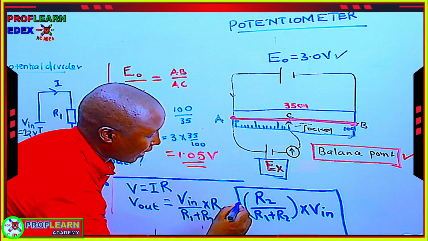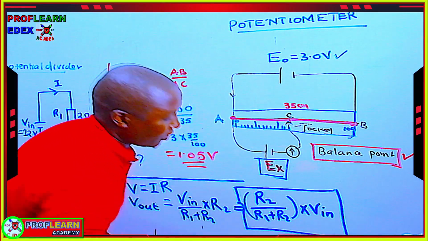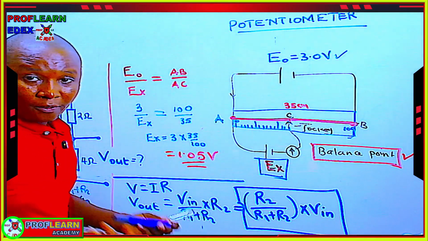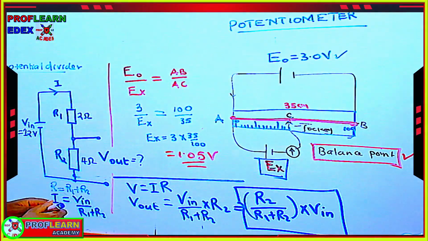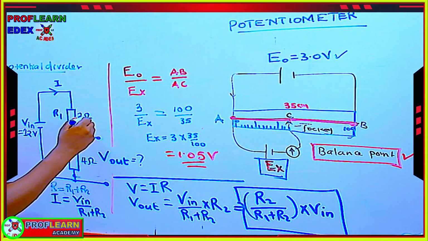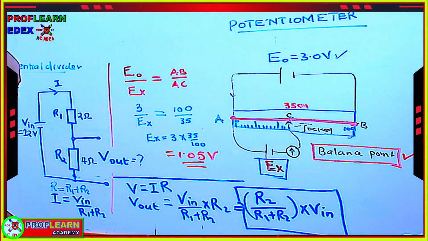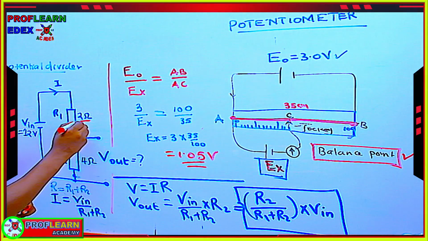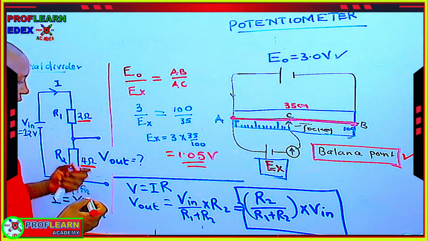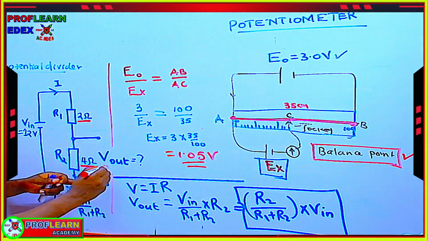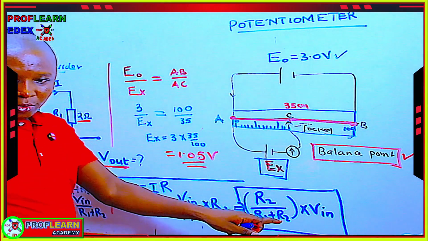When you are working out V out, this is the formula you usually use during your exams. Now suppose we are given a question like this one, whereby we are told that resistor R1 is 2 ohms, resistor R2 is 4 ohms. Then we are supposed to work out the value of V out. We are going to use this formula.